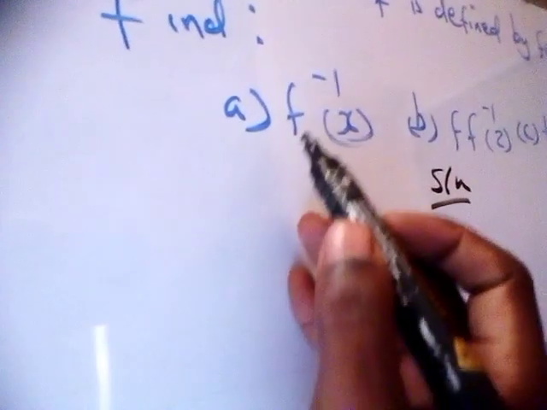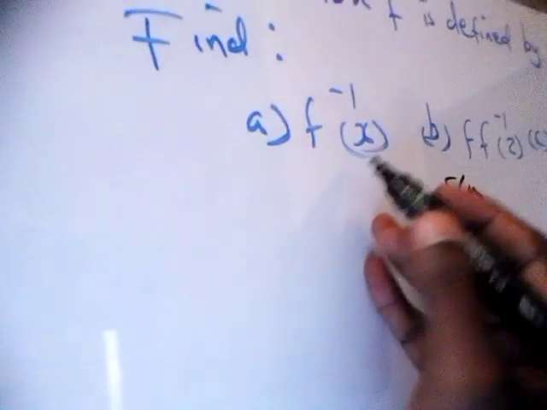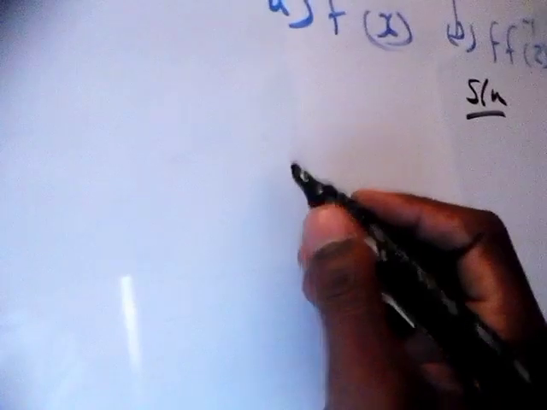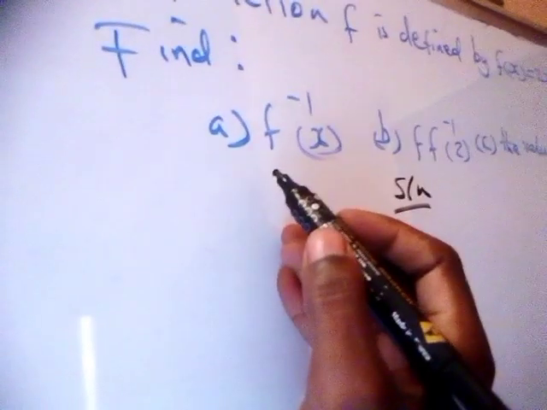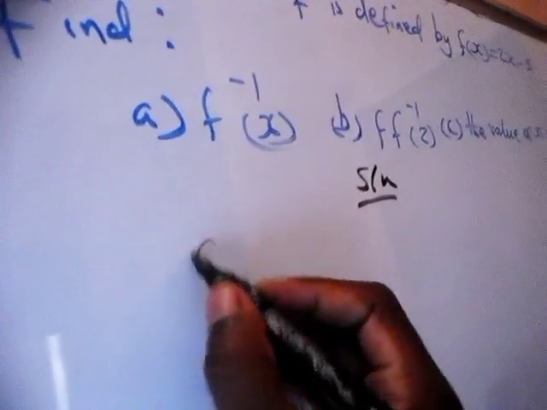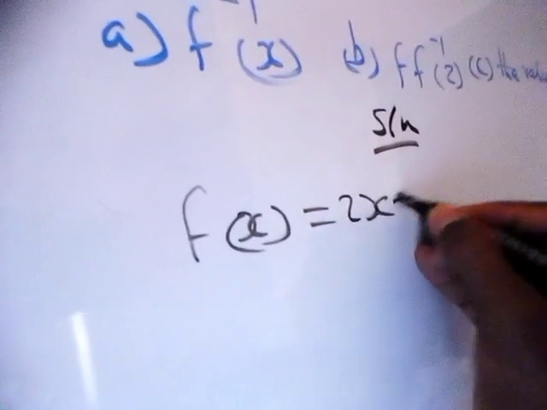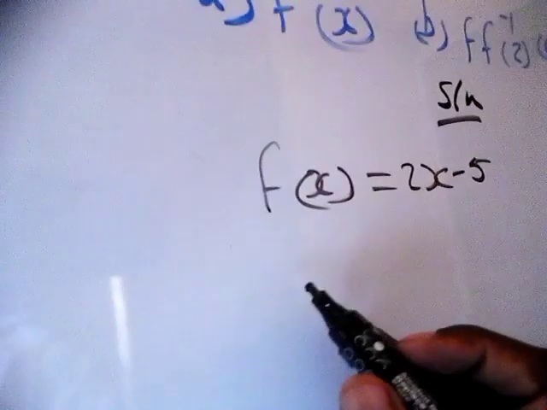So question number a, we need to find the inverse function of f of x. What you do is first write the function f. The f of x equals 2x minus 5, after which we follow along.